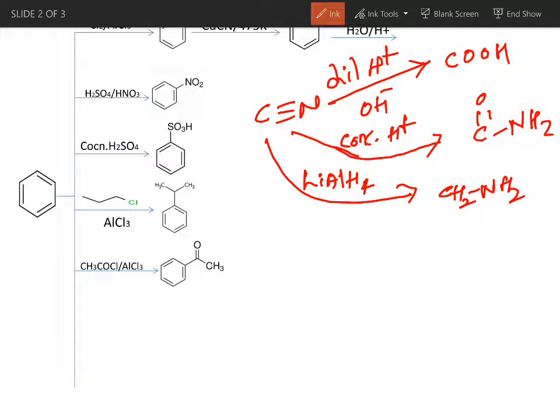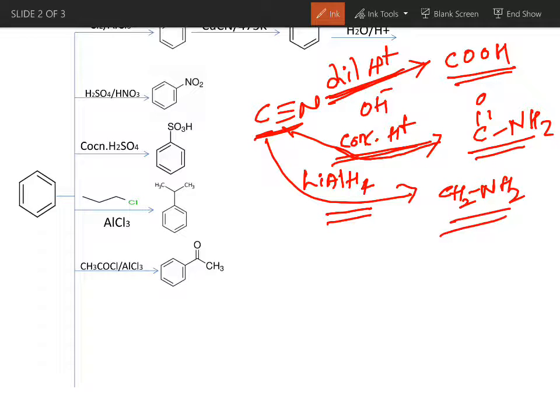CH2NH2. So what you have to remember: if cyanide is treated with dilute acid or dilute base, it undergoes complete hydrolysis and forms carboxylic acid. If cyanide or nitrile reacts with concentrated acid or base, it undergoes partial hydrolysis and forms amide. When cyanide undergoes reduction with a strong reducing agent, it will give a primary amine.